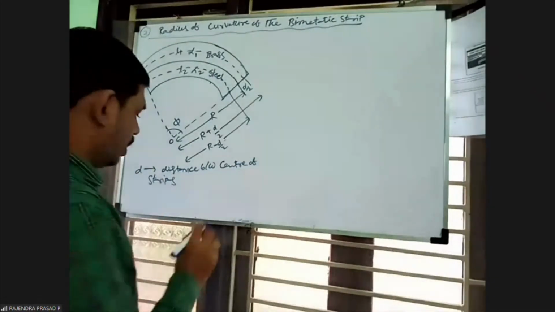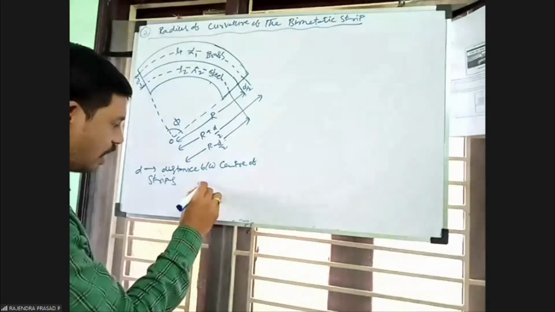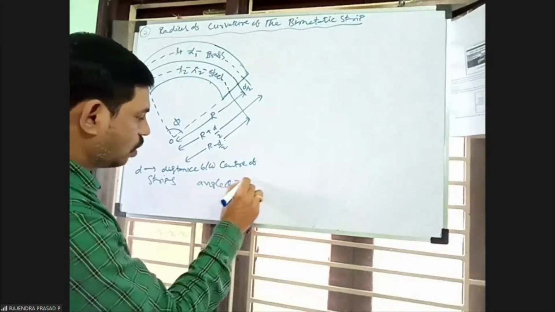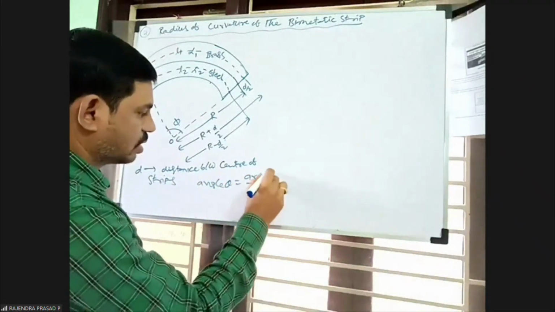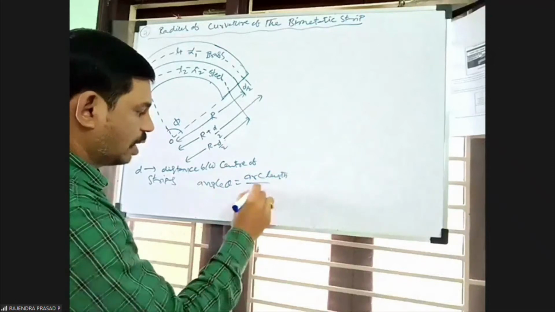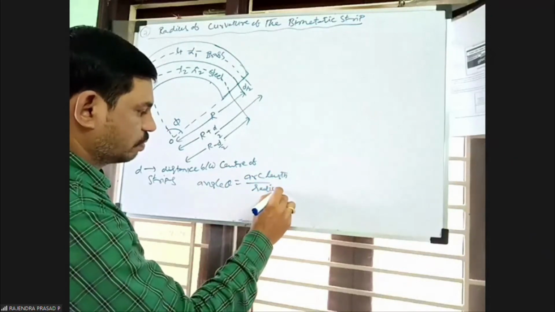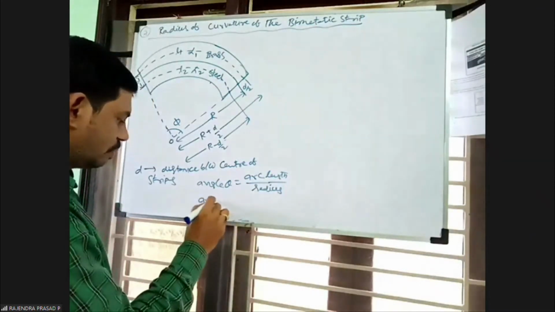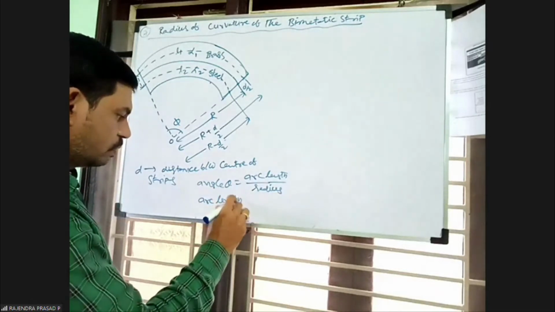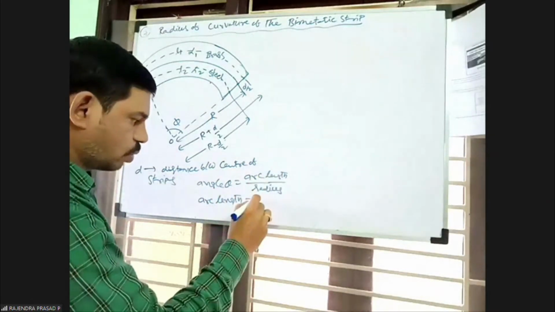Next, what is the angle formula? Angle theta equals arc length by radius. So arc length equals theta into r.